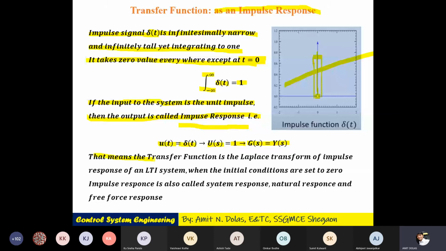That means the transfer function is the Laplace transform of the impulse response of an LTI system when initial conditions are set to 0.